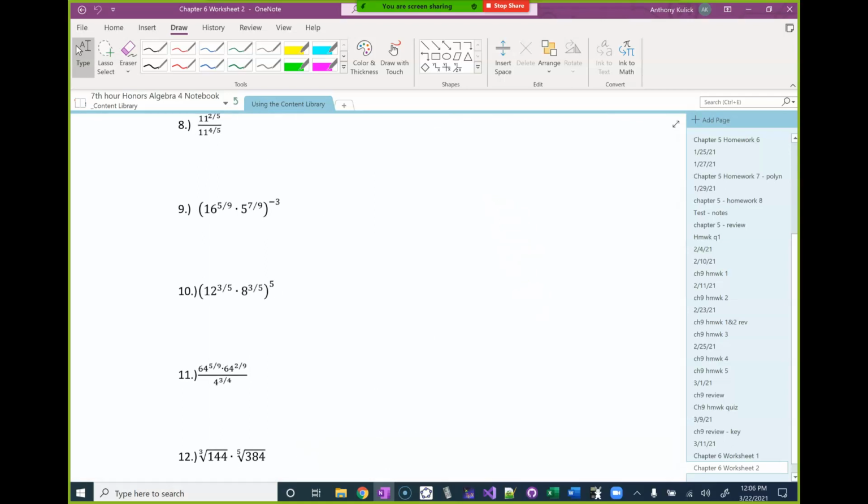So what I would do with this one is start by doing a prime factorization of 12 and 8. So 12 is 2 squared times 3, and 8 is 2 to the third. Then I can use my exponent of a product property to combine these two, because they both have the same exponent on the outside of those parentheses.